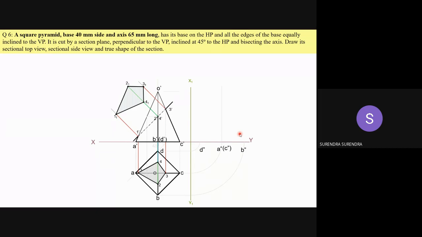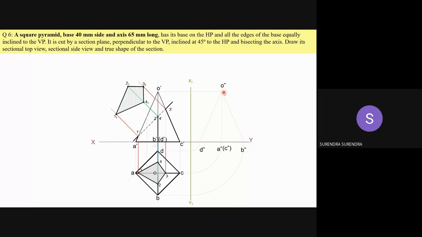Now draw the axis line. Project O dash to the intersection point of the top view projection and front view projection. Name the intersection point O double dash. Join all the base corners to the apex: AO, BO, CO, DO.